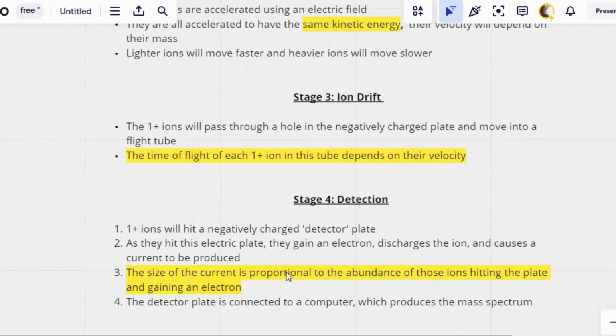The size of the current is proportional to the abundance of those ions hitting the plate and gaining the electron.